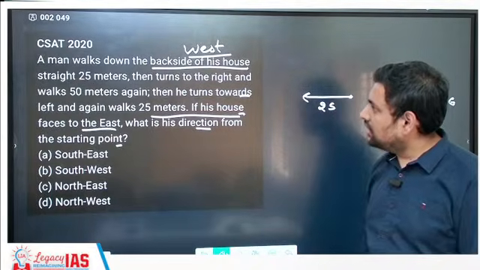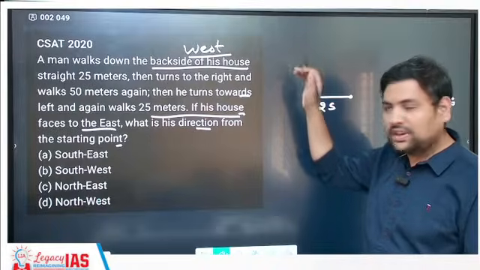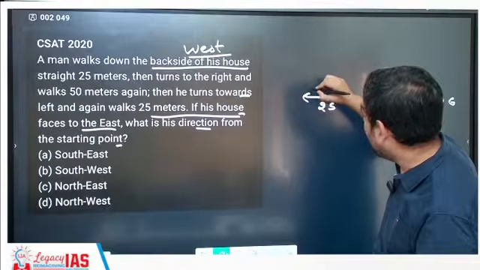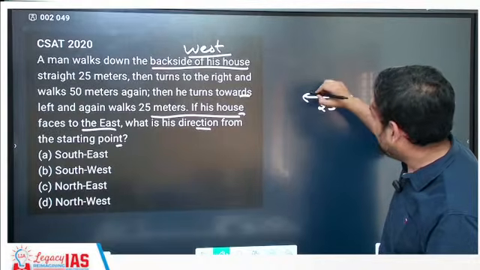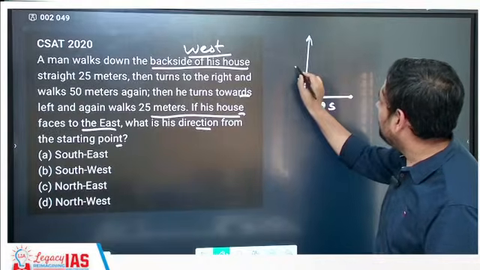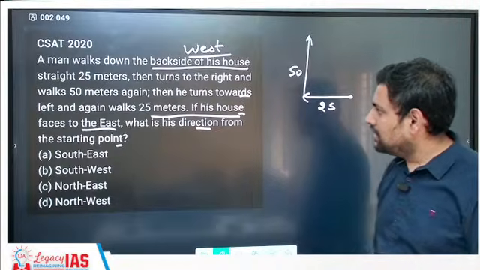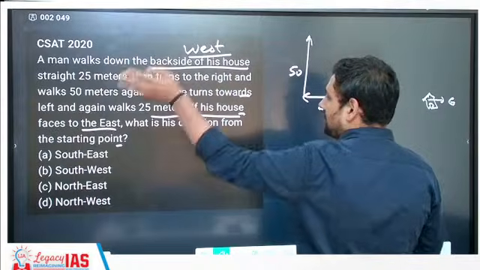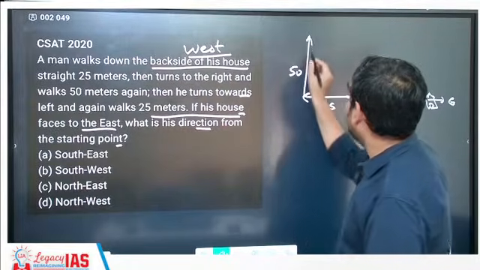Then he turns to the right. His right, if he's going west, remember swastik, so he turns right and walks 50 meters. Then he turns left. If he's going north, left is this, and again he walks 25 meters.